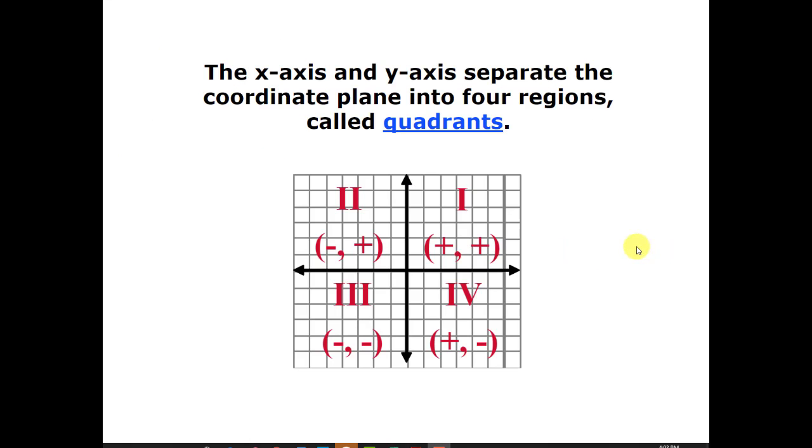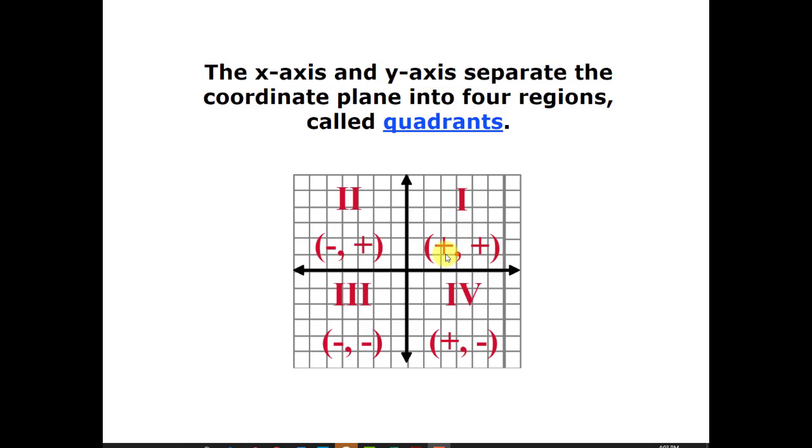If we go back and look at the quadrants, we can see that the points in each one of the quadrants have the same signs. So for example, in quadrant 1, if I were to start at the origin and go over on the x-axis and up on the y-axis, my x value is going to be positive and my y value is also going to be positive.